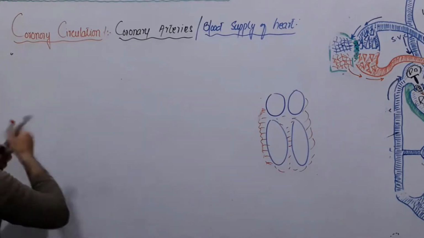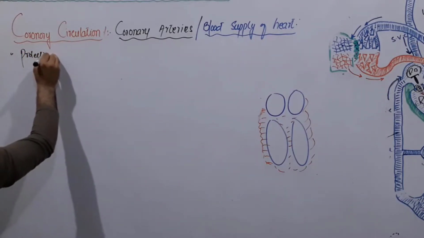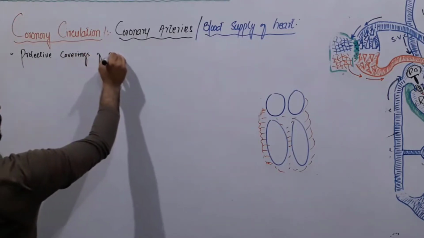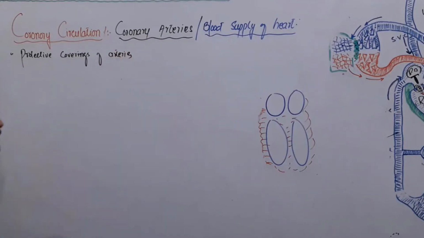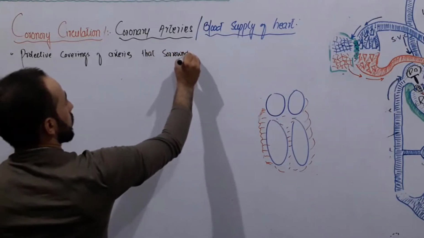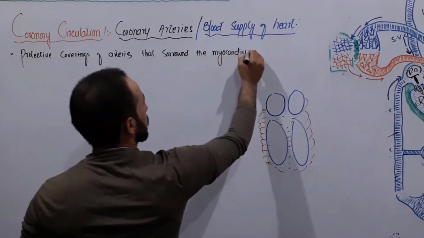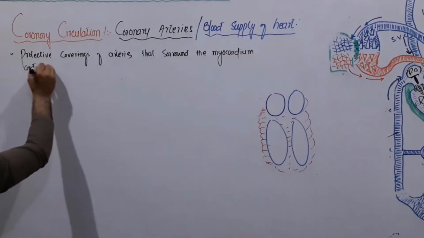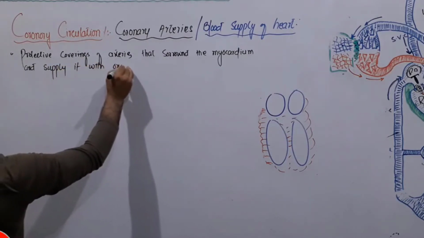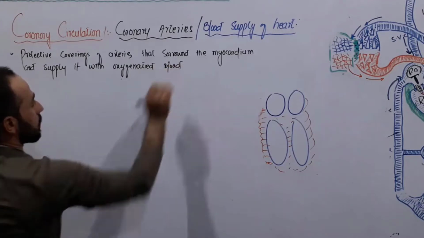So coronary arteries could be defined as the protective coverings of arteries that surround the myocardium, and supply it with oxygenated blood, right? What are coronary arteries?